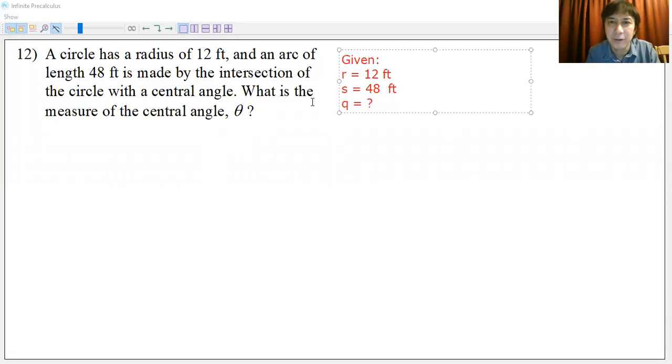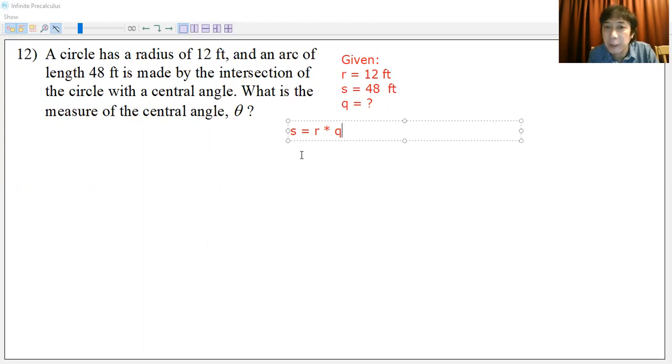And so we shall have our formula. The formula is the same as what we did in number 11. S is equal to R times the angle. That's the formula. And we're after the angle here.